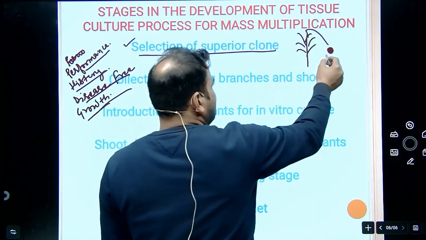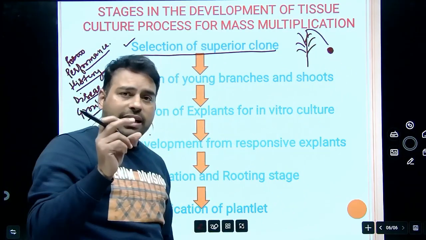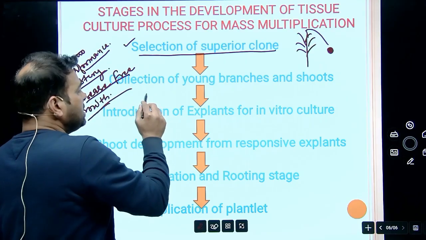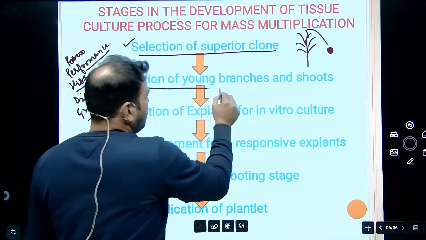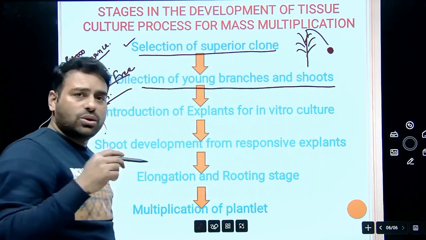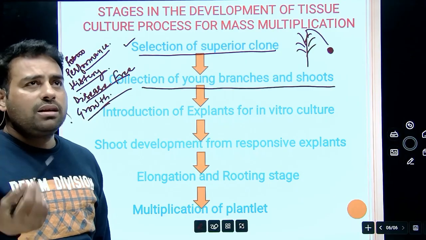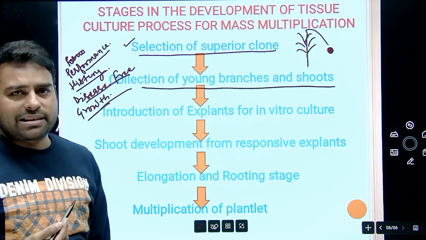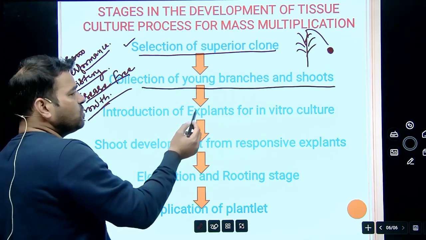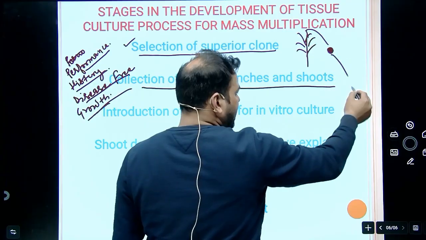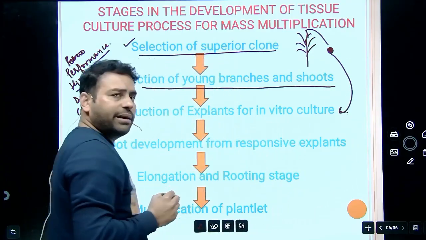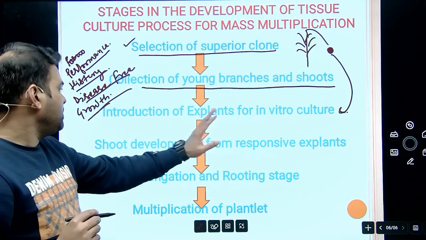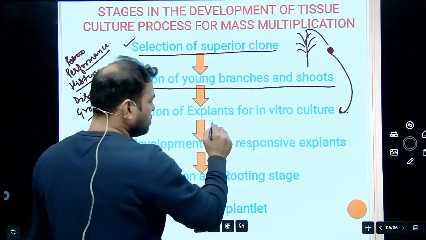So these explants we are extracting, and then collection of young branches and shoots. Shoots are more preferable because they are frequently growing and they are free from viruses and bacteria. So we have to introduce this explant into the nutritional medium. For nutritional medium in in vitro culture, basically we are using MS media.